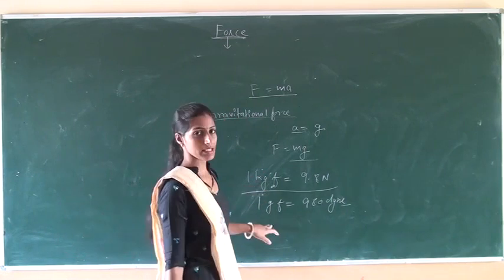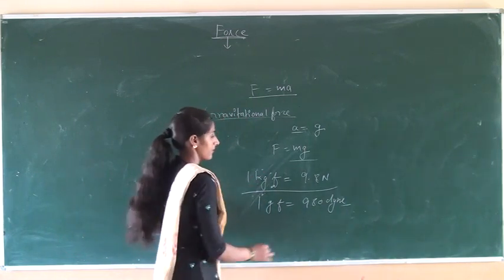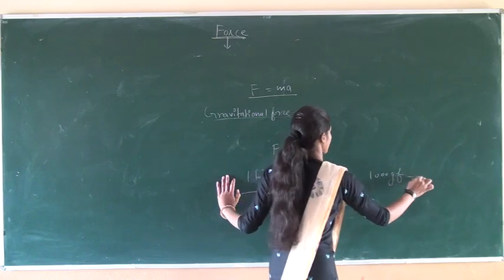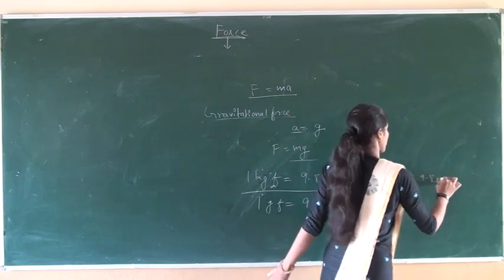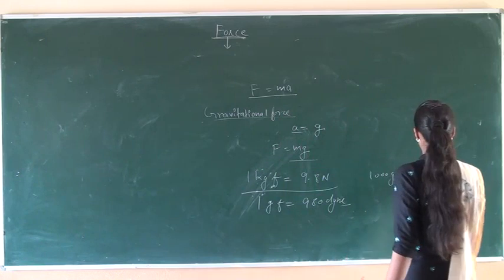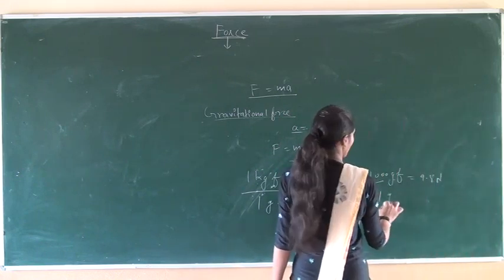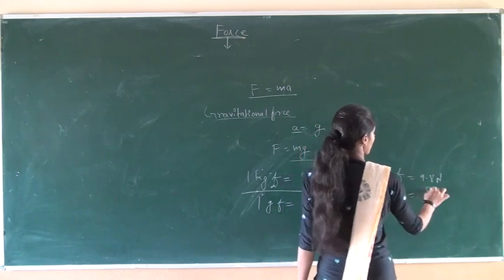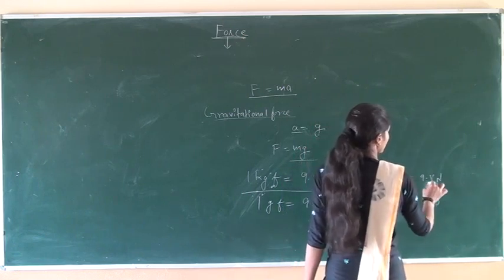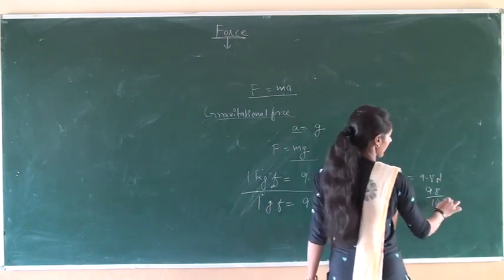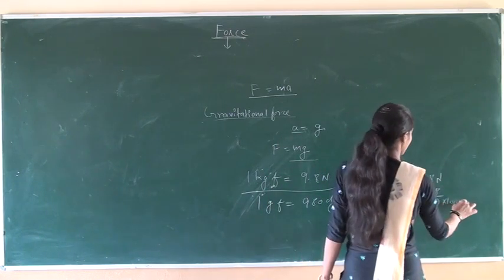Kg is replaced by gram. Means 1000 gram force is equal to 9.8 Newton. Here for 1 gram force, this decimal is replaced by 10. Here 1000 is multiplied and it is also divided.